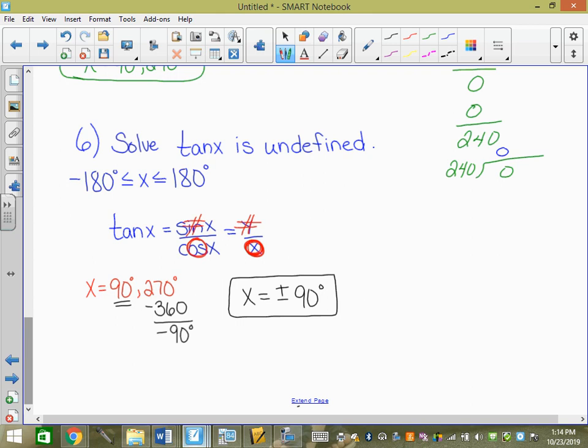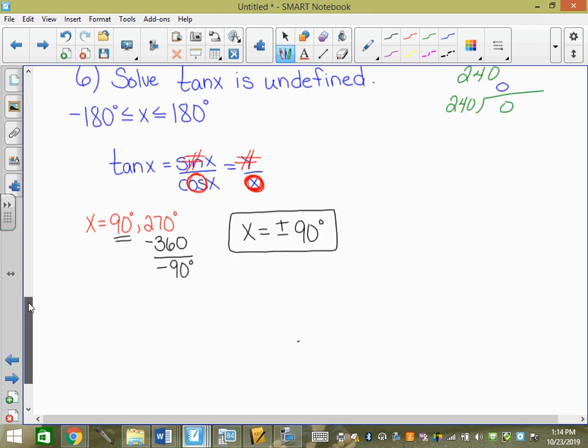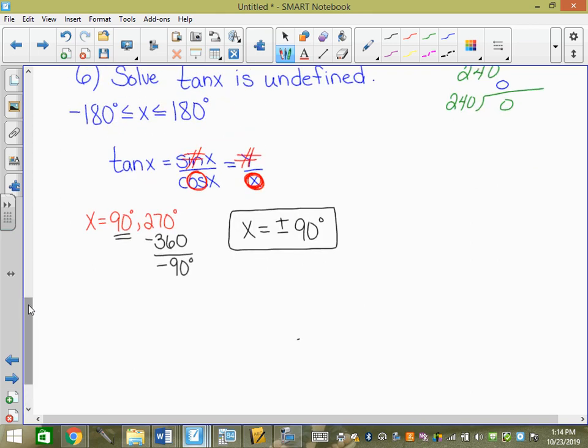Now we're going to trump it up, but we're still going to stay on the unit circle. So it's not that bad. All right? 7. Solve. I'll do this.